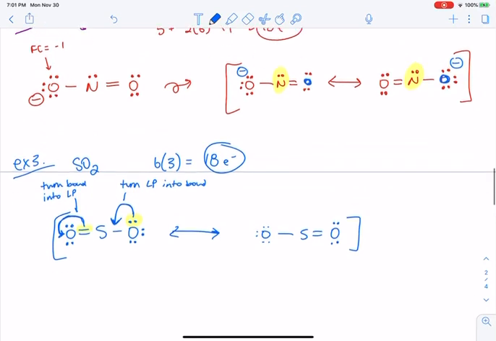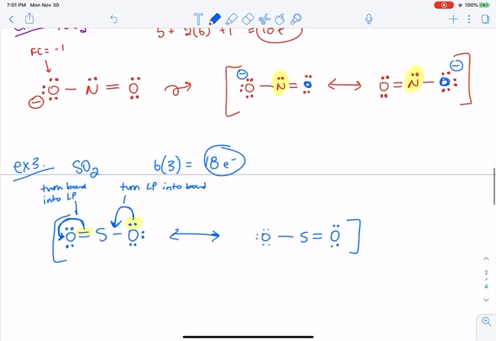Okay, so what is the bond order for sulfur here? So the total number of bonds in both of these resonance structures is 3 bonds, because I've got the double and I've got the single bond. So it's 3. A double counts as 2. So 1, 2, 3.